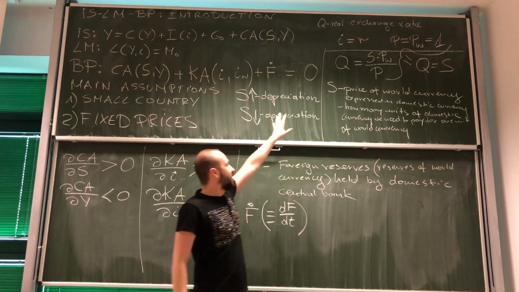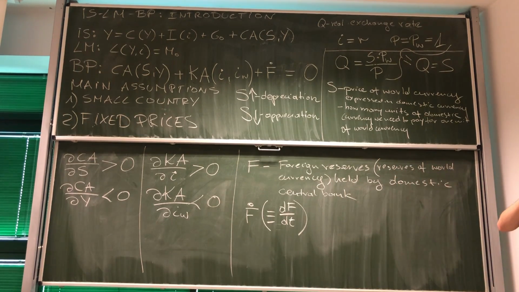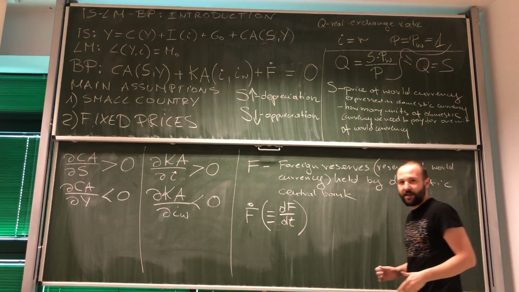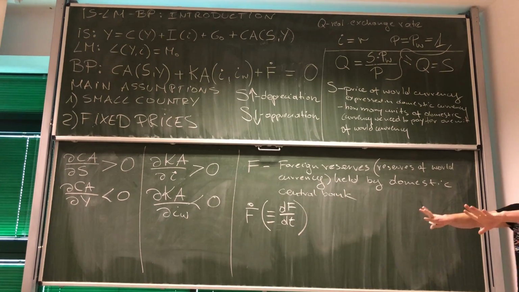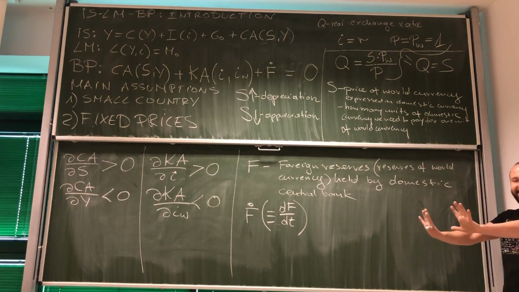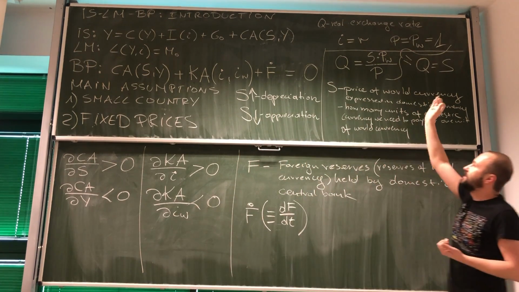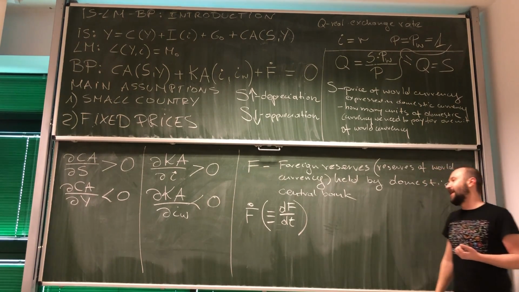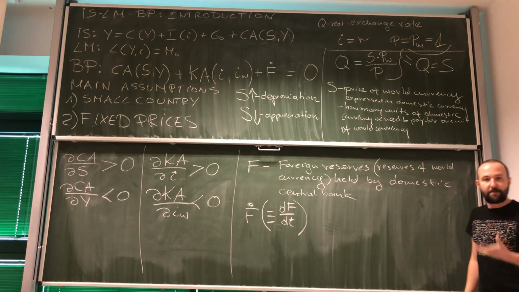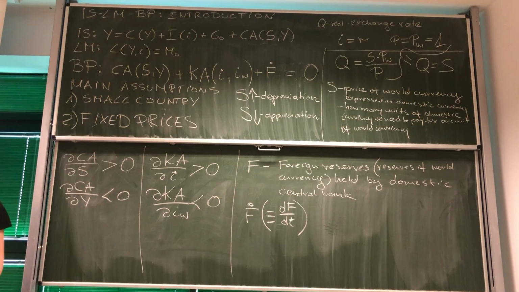Because look, when reserves are in a safe in the central bank, they are not influencing the balance of payments. Only if the central bank buys or sells the reserves will it affect the exchange rate market. So this is why only changes in foreign reserves matter to what is happening to the balance of payments.